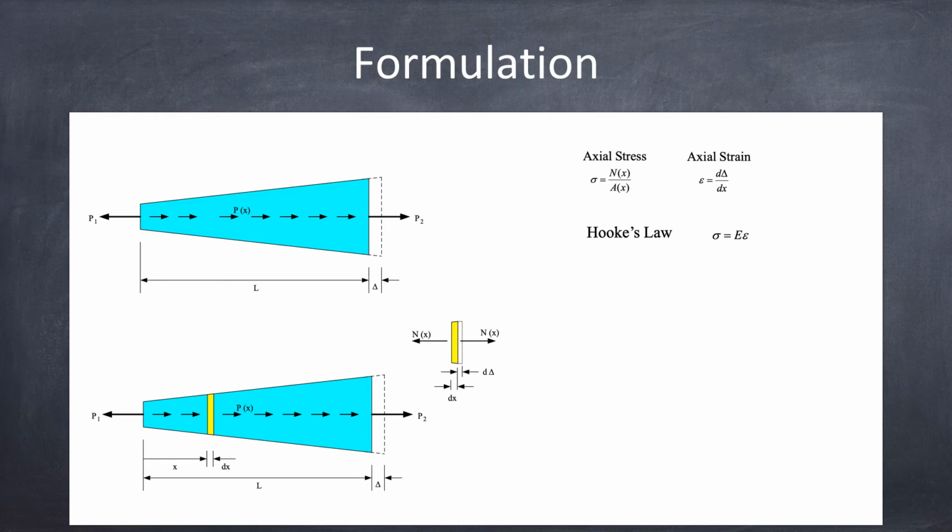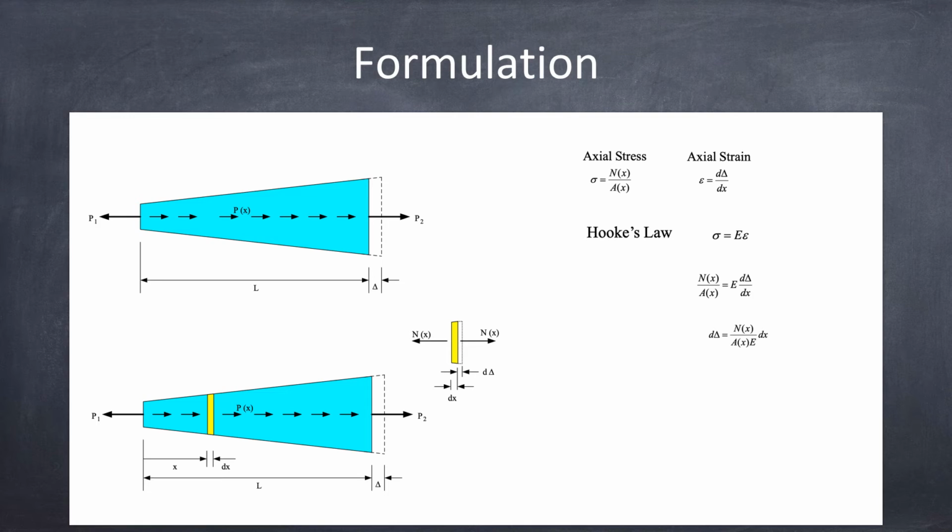We also talk about Hooke's law, that there is a relationship between the stress sigma and the strain. So if we substitute for it, then we have this. Because we are solving for elongation, we rearrange the equation so that delta is on one side and the rest on the other, like so.